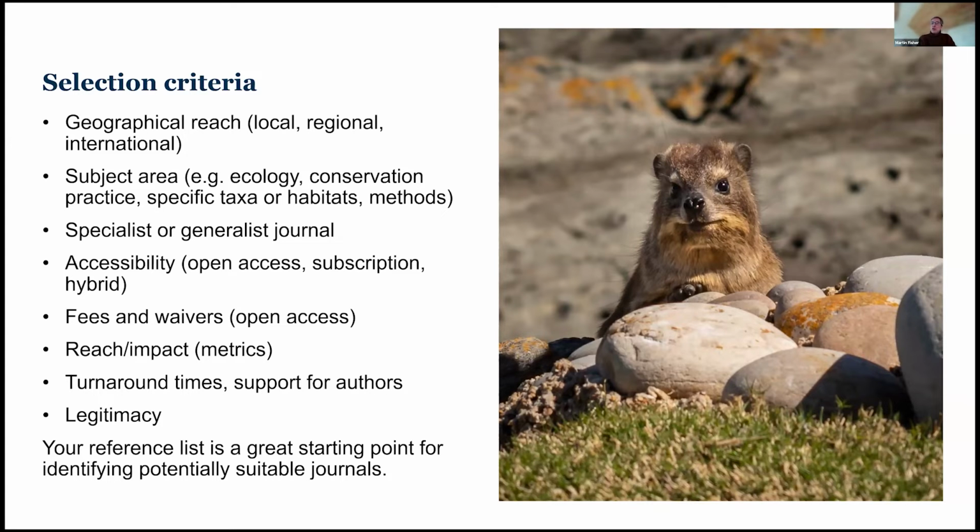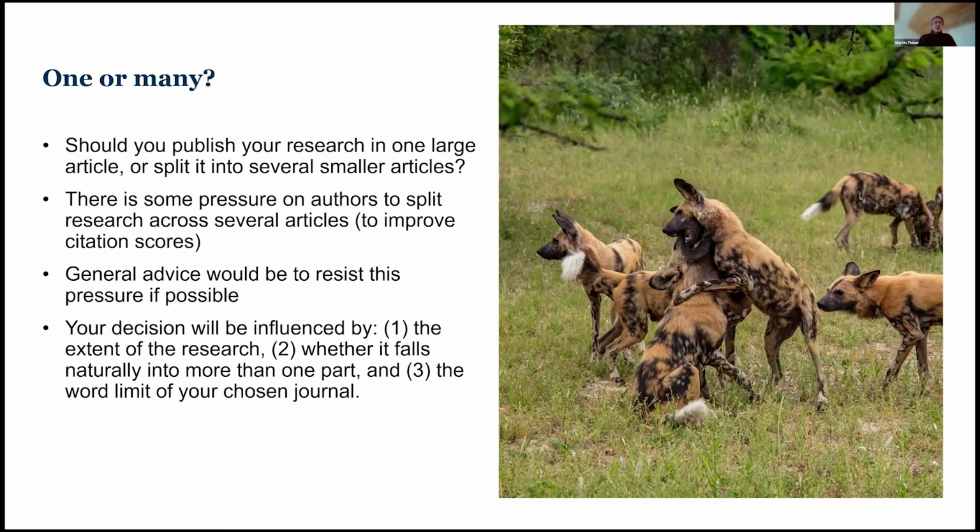How accessible do you want your work to be? Do you want it to be open access? I won't say anything about that because Ross is going to talk about it, but I certainly would encourage you to, if you can, publish in an open access journal, simply because it will increase your readership. There'll be no paywalls. Everybody everywhere with an internet connection will be able to read your article.